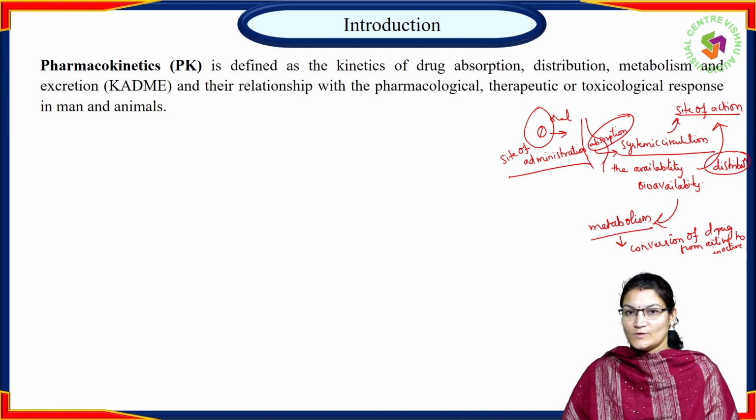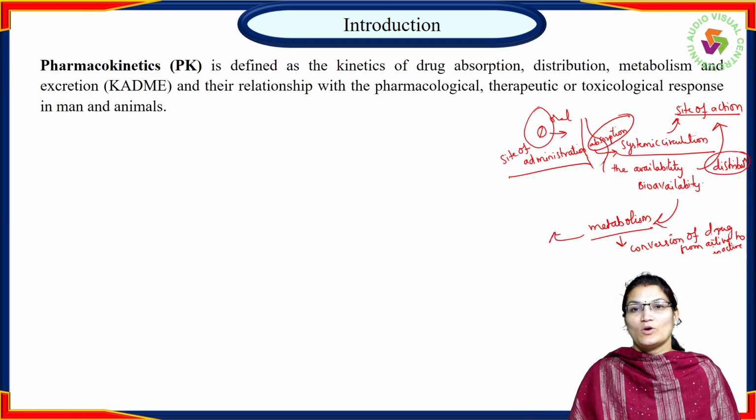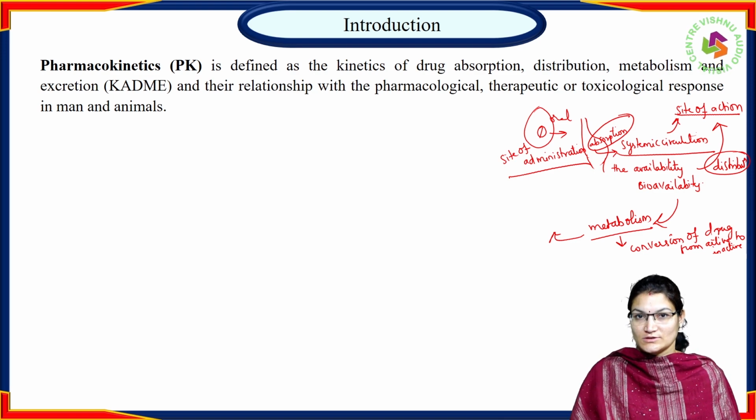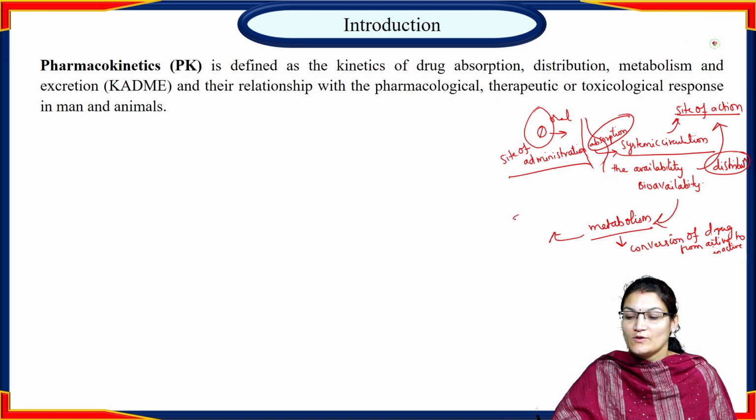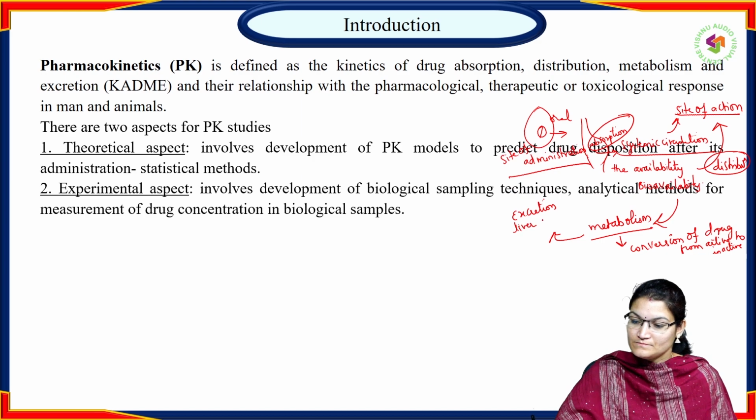So, the drug gets converted into inactive form. It cannot be retained in the body. If it gets retained in the body, it will start showing toxic effects. To avoid this, we have eliminating organs or excretion organs like liver and kidneys.